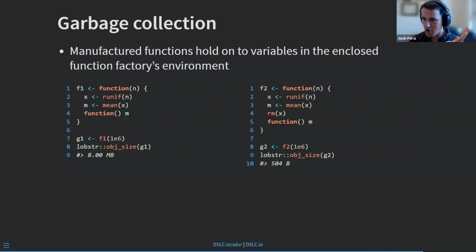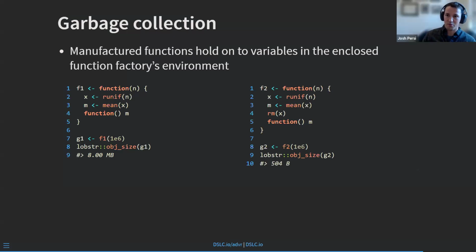We've gone through some quirks of function factories. Maybe another quirk is garbage collection, something you might actually need to pay attention to, whereas most of the time you don't. This is because each instantiation, each new manufactured function you create, captures your function factory's environment.